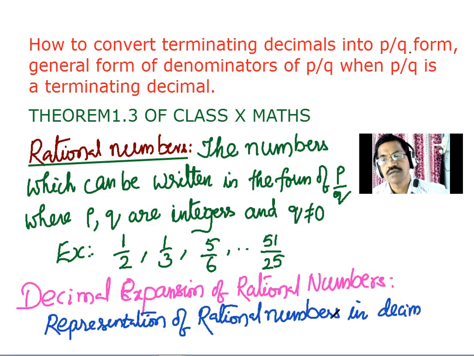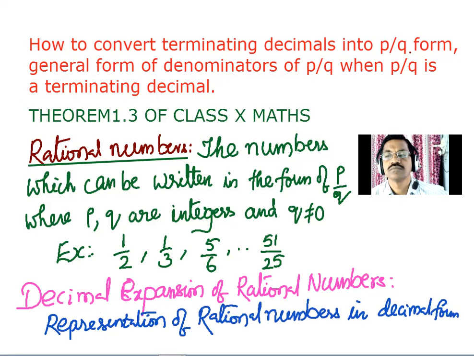This is called decimal expansion. So decimal expansion of rational numbers means representation of rational numbers in the decimal form.